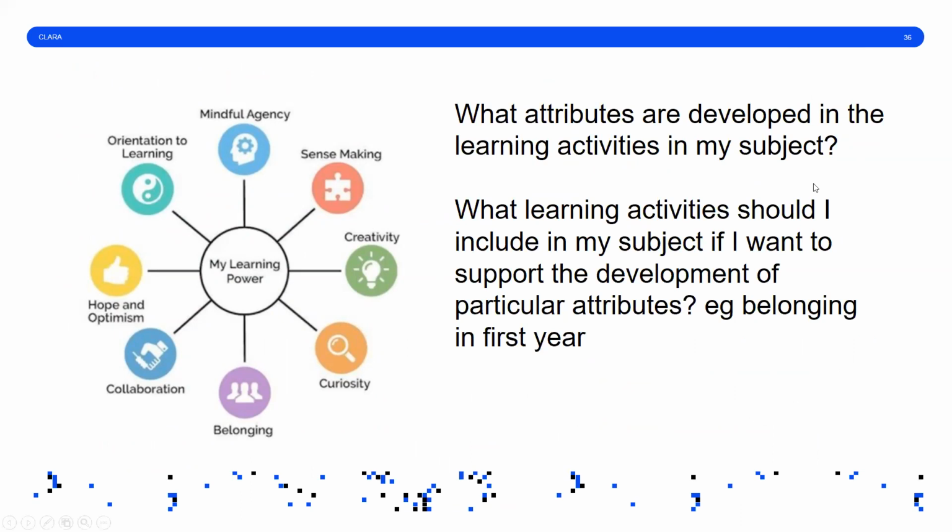And for academics, I ask them to think about, well, what are the attributes that a student might develop in the learning activities in my subject? Do I get them to work together so they can develop collaboration skills? Do I get them to work in small groups so they might actually, in first year, for example, make a friend?